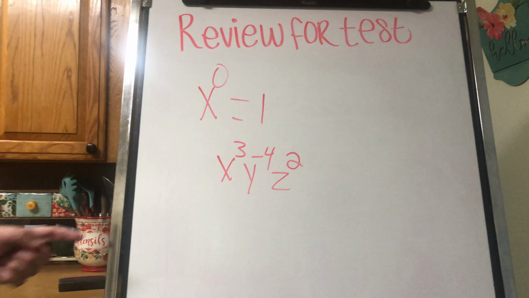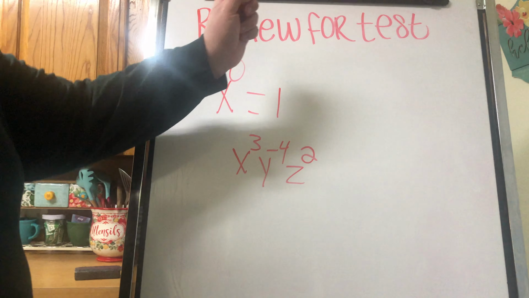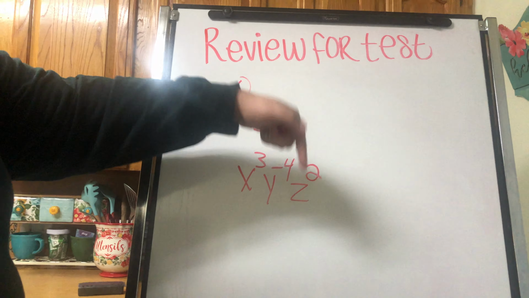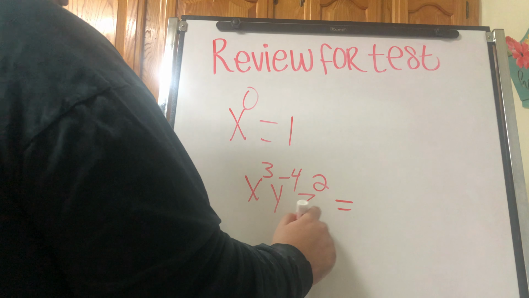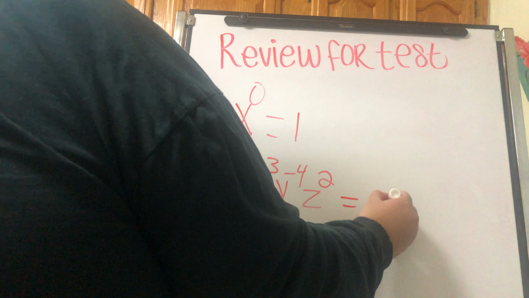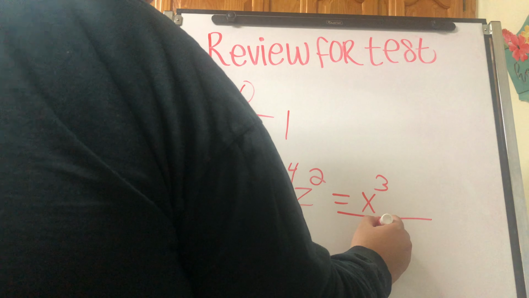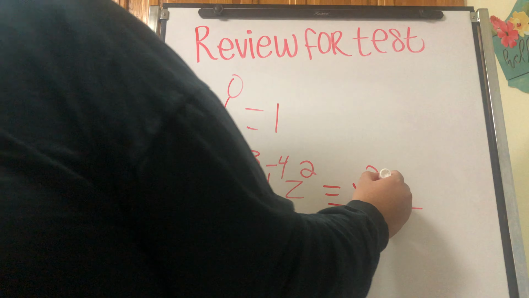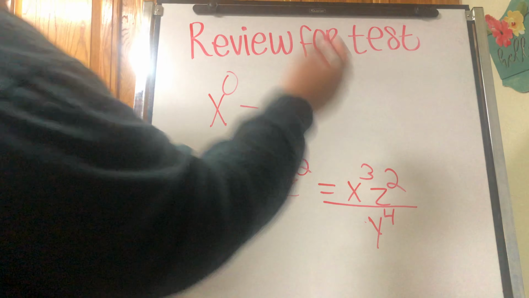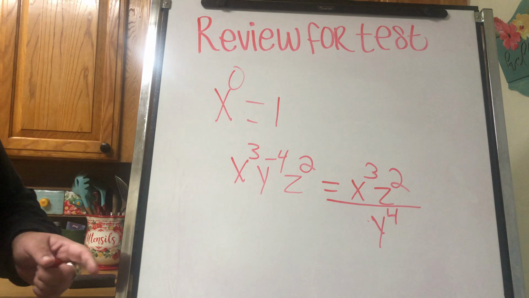No, you cannot. If you ever get to your answer and you have a negative, remember, if it's negative on the top, to make it into a positive, you just have to send it to the bottom. So for example, if you have this as your answer, that's positive, you leave it alone. That's negative, you send that to the bottom. Y to the power of 4, that's positive, stays on top. And there you go.